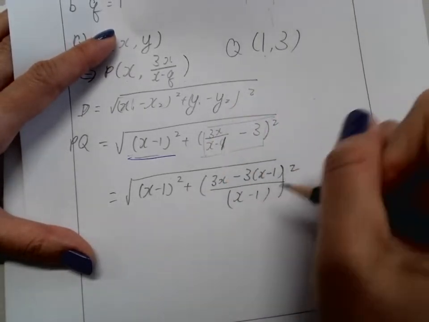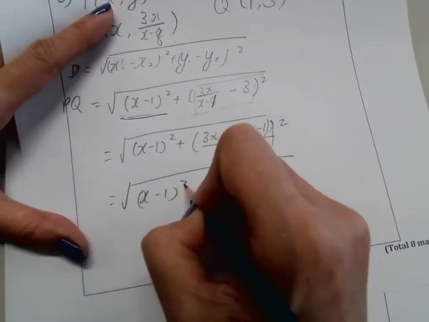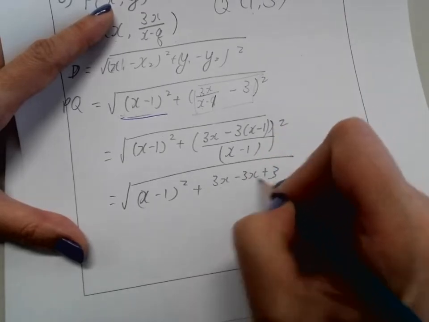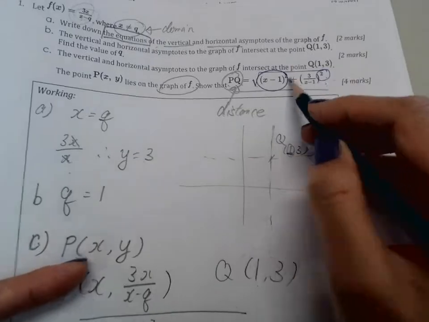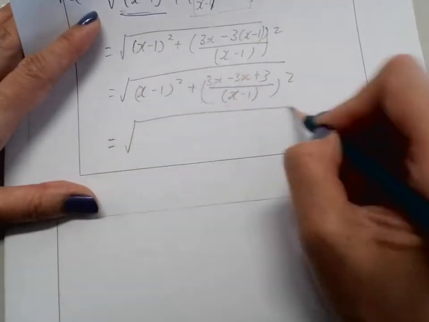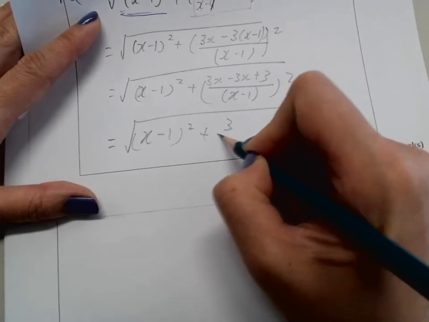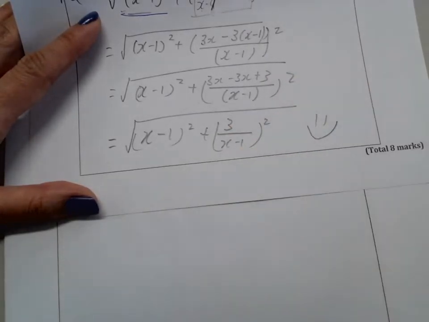Okay, and you just simplify that bit. Yay, and that will be the same as the question there. We rewrite it at the end because we need to let the examiner know that we have done our bit. And this is done. 8 marks.